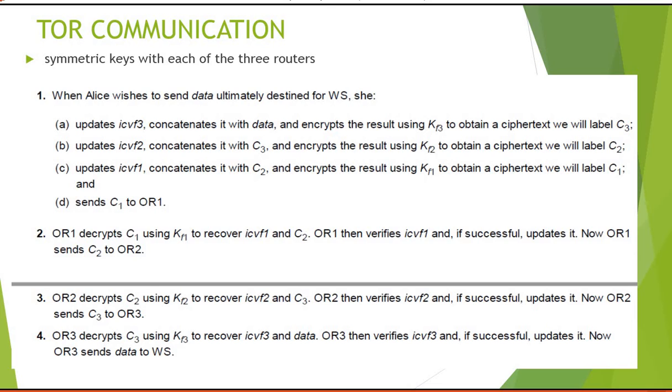Now the first ciphertext is for onion router 3, then again it is encrypted using the key for onion router 2.